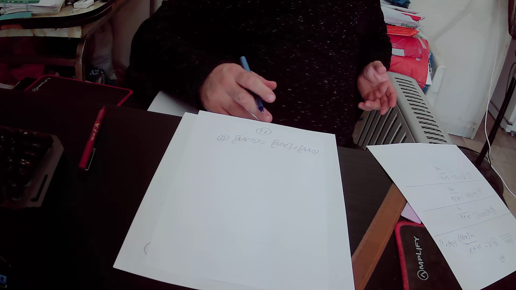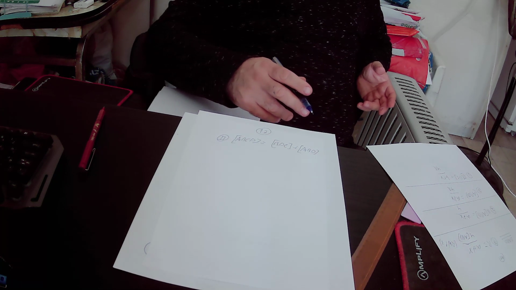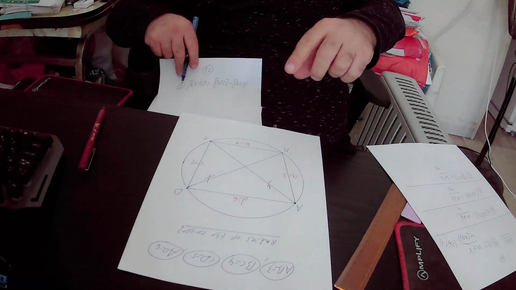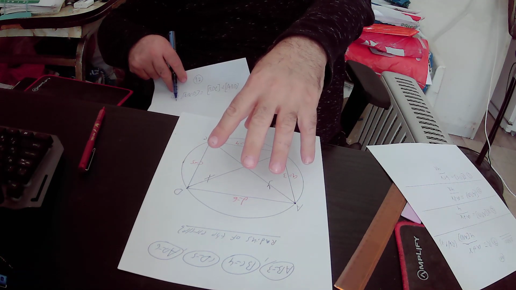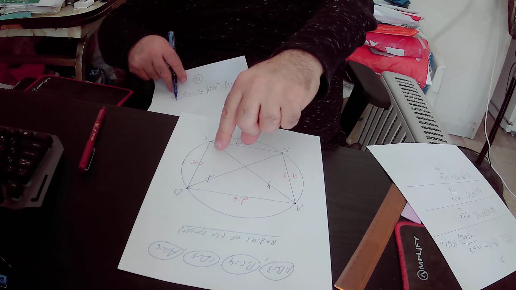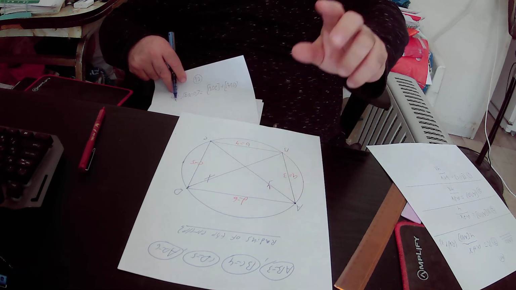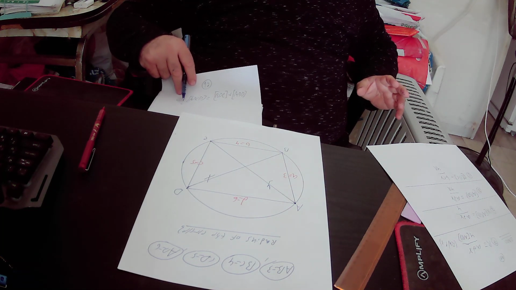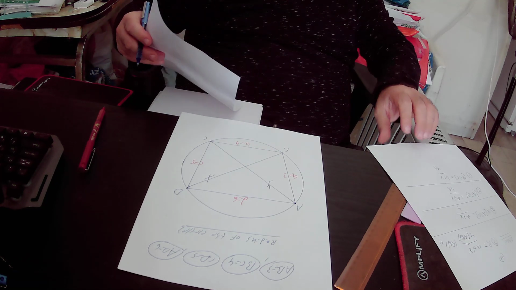That is to say, it will be equal to the area of triangle BDC plus the area of triangle ABD. Very simple. You can see it easily. Those two triangles are what quadrilateral ABCD consists of. Okay.